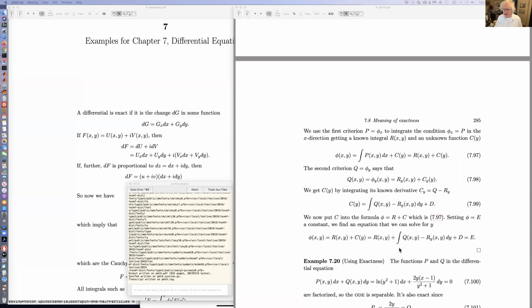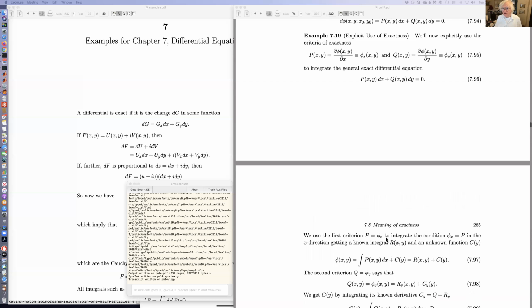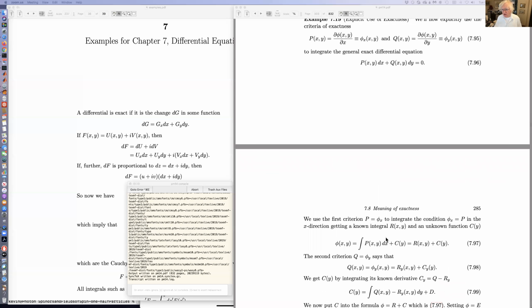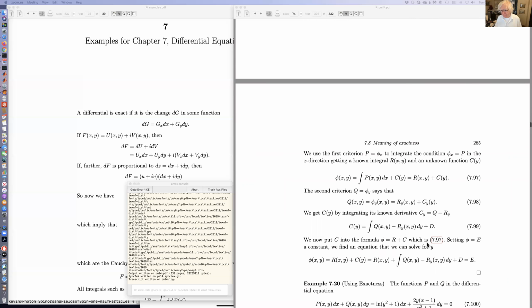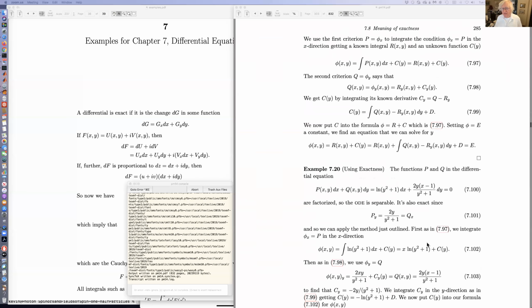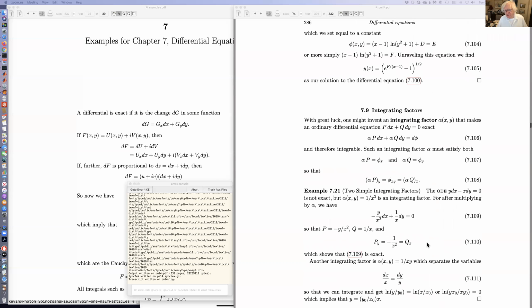So this basically is the solution. And now let's remember what r was. R was the integral of p with respect to x. And okay, so that means if the thing's exact, you can solve it.